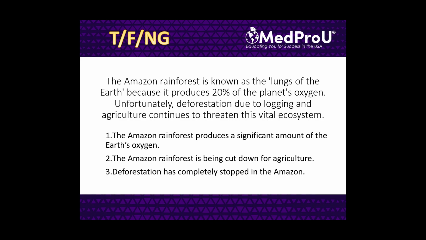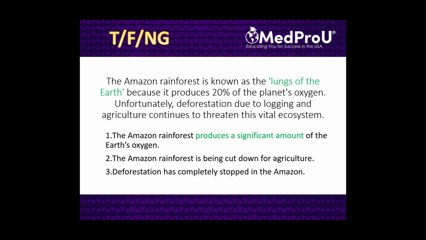When you are being called the lungs of the Earth, it produces 20% of the planet's oxygen. So definitely, when you are called the lungs of the Earth, do you produce a very small amount? Yes, you produce a significant amount.